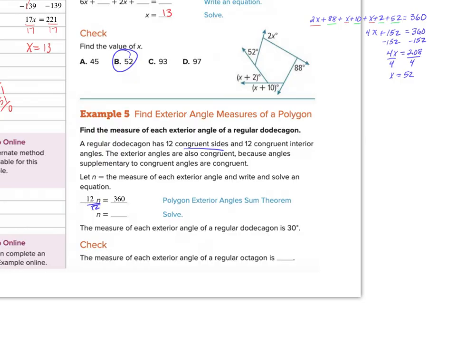If I divide by the number of sides that I have, I get the answer, which is, I want to say 30. The measure of each exterior angle is 30 degrees.